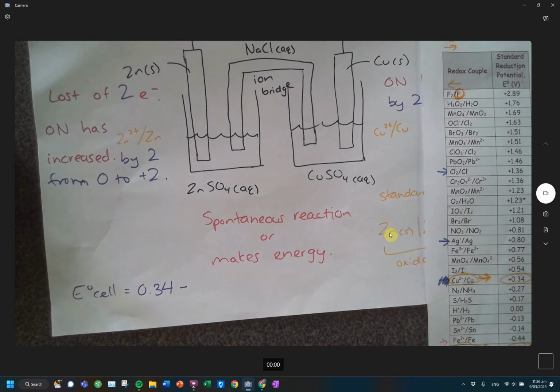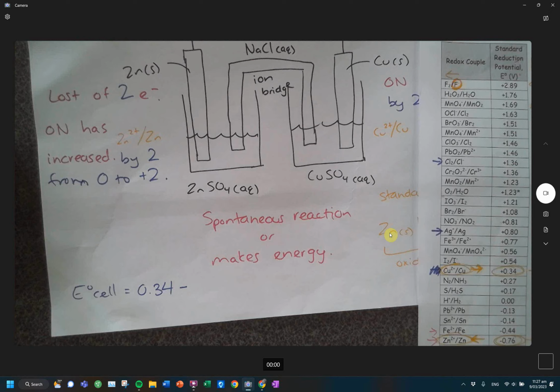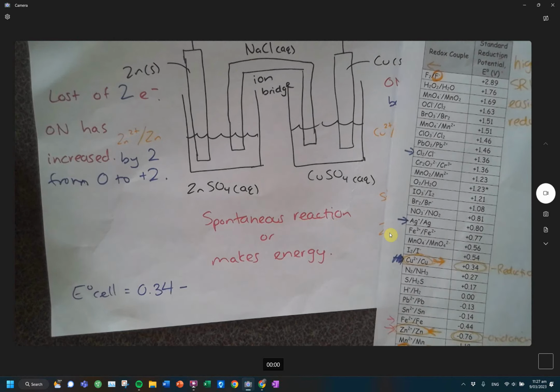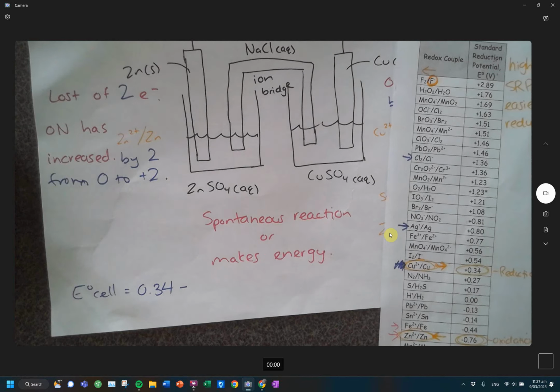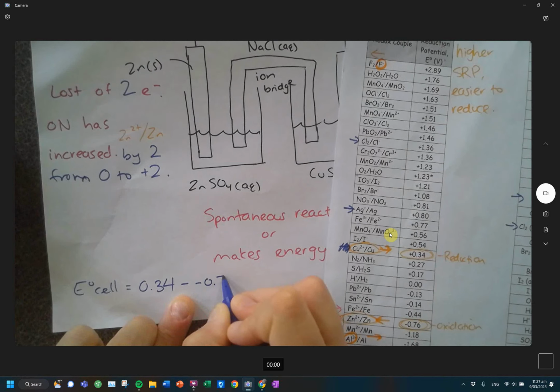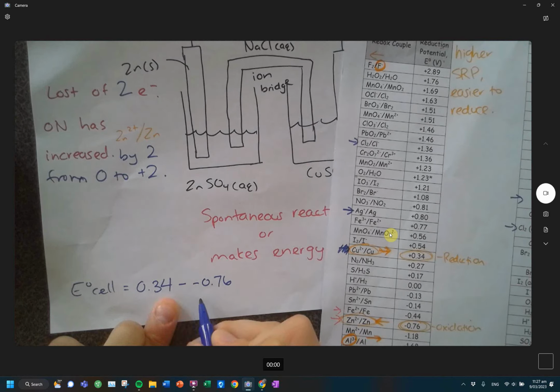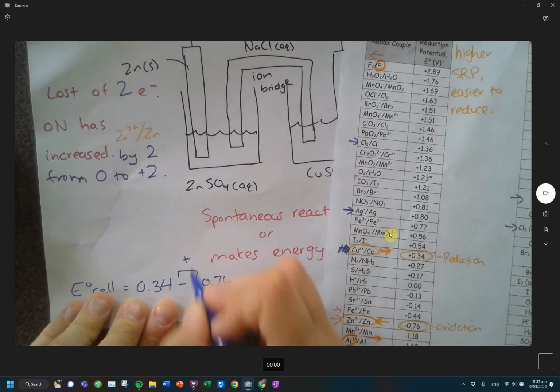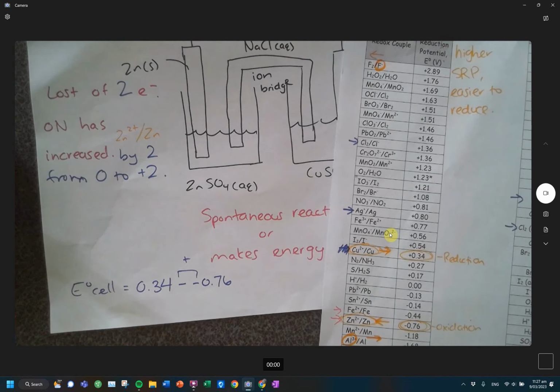Subtract away the standard reduction potential for zinc. You're subtracting. So zinc we have negative 0.76, but do you see how I have a minus minus?